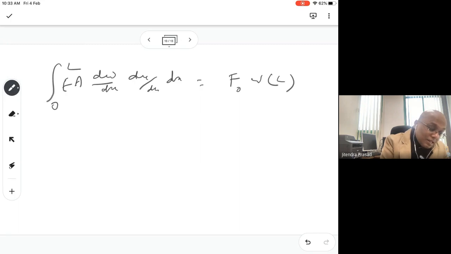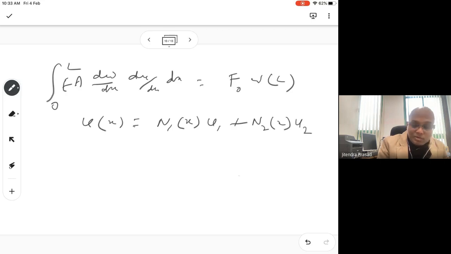Now we will put U as a function of this. U, we are writing as Ux equal to N1 x U1 plus N2 x U2. Now, what do we have for U1?